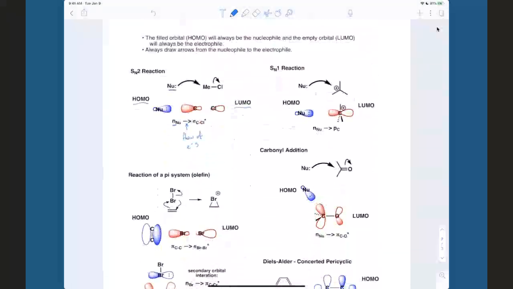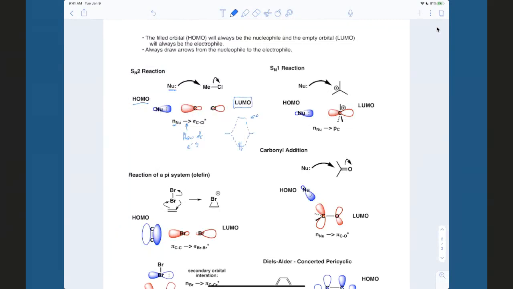And then we look at what type of bond is breaking. So now we're going to usually have a second arrow or some other interaction in which an empty orbital is interacting with the filled orbital. This is our LUMO. This is the virtual orbital. Whenever we have any bond, we always have a filled orbital that contains two electrons, and we have some sort of anti-bonding orbital.